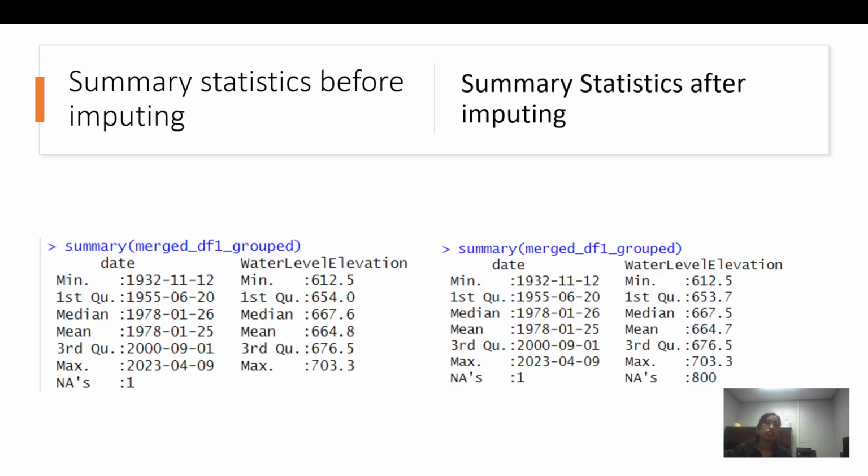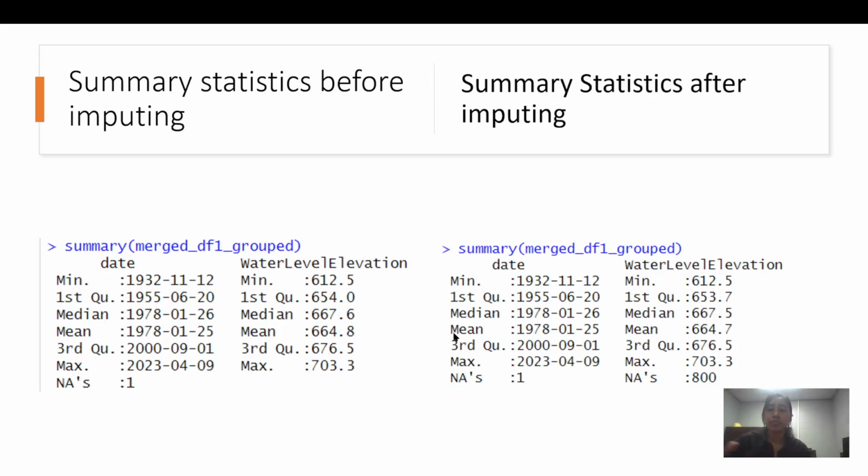Here we can see that the median and mean have not changed that much, from 667.65 to 664.8 and 676.5. Sorry, this is for after imputing, and this is for before imputing. The NAs are removed after imputing. So there are not vast changes, so it can be considered.